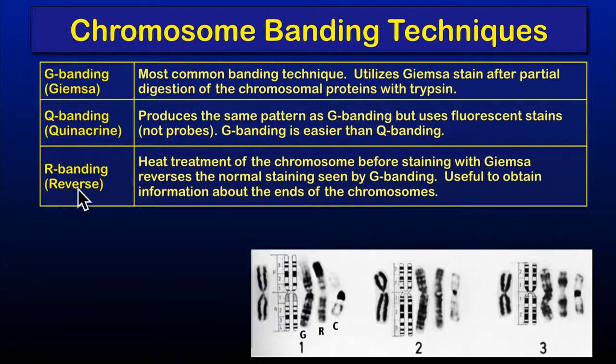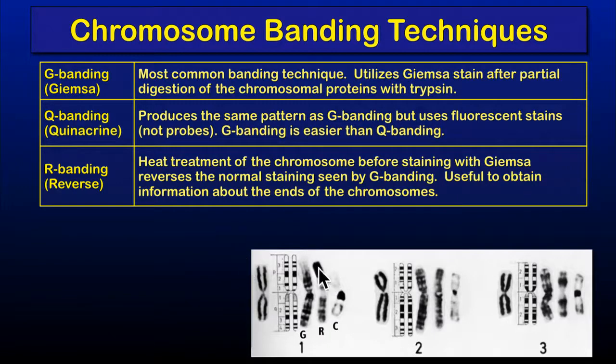R banding, the R stands for reverse banding. With reverse banding, there is a heat treatment that is part of the protocol. And for some reason that nobody understands, if you do this heat treatment, it actually reverses the staining pattern. So what was a light band with respect to G banding becomes a dark band with respect to R banding.